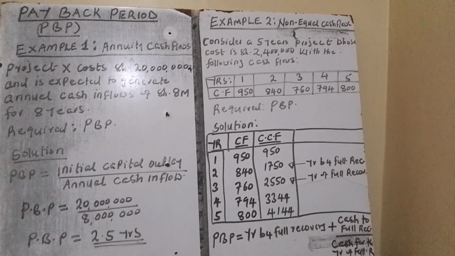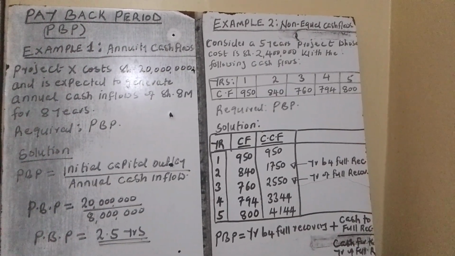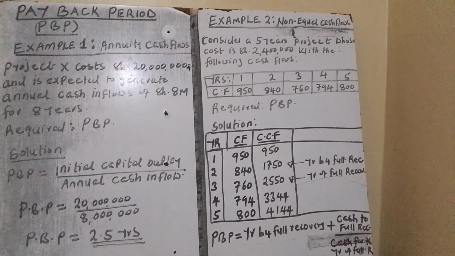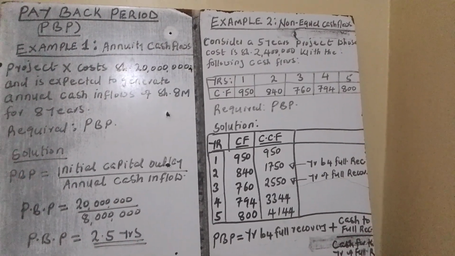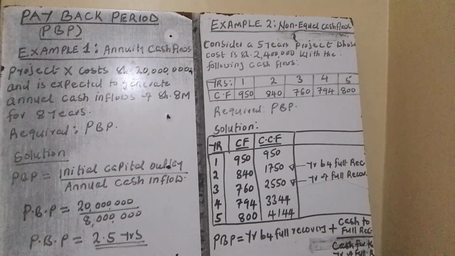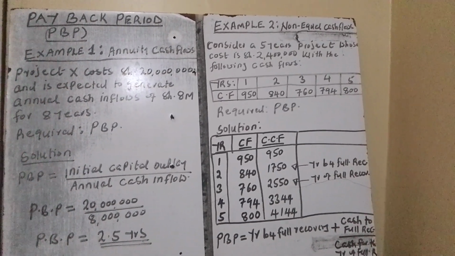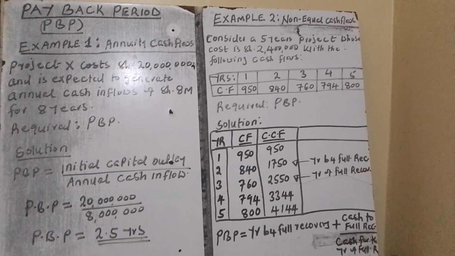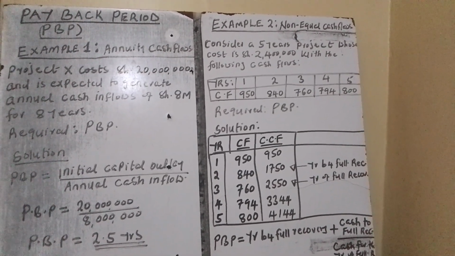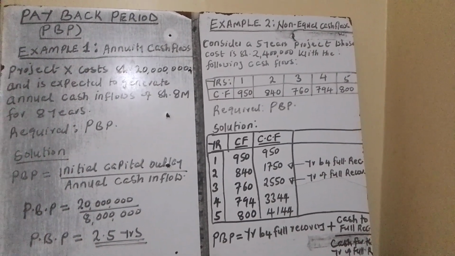So it is a question of, if I spend a certain amount of money to acquire an asset, out of the expected cash inflows of that machine, how long will it take for that machine or project to generate cash flow which equals the initial capital which I spent?